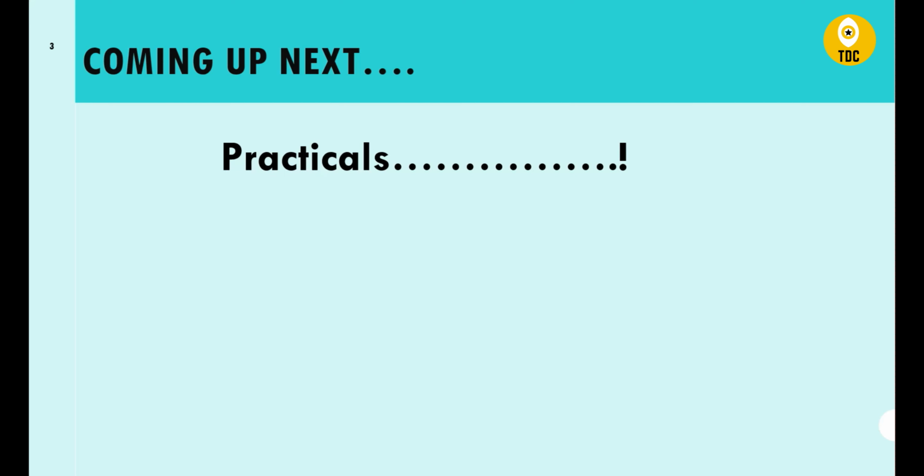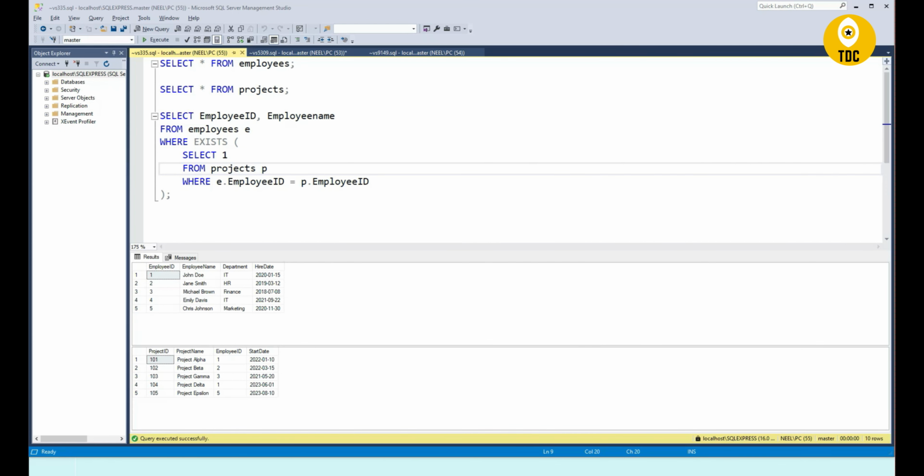Let's consider that you have an employee table and a project table. The employee table has employee ID, name, department, and hire date. The project table has project ID, project name, employee ID, and start date.